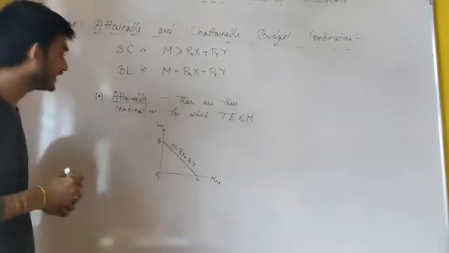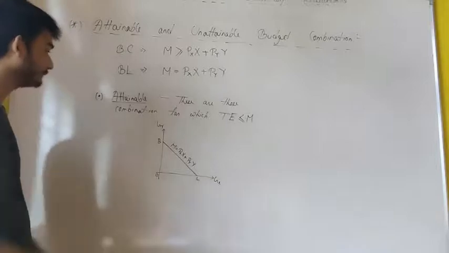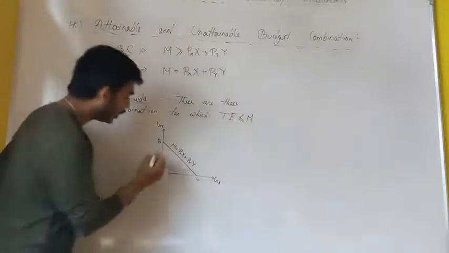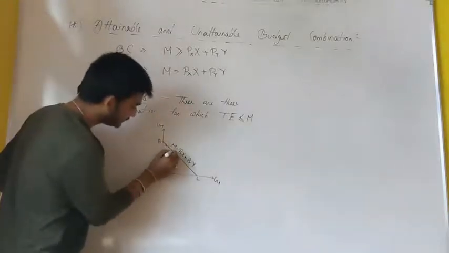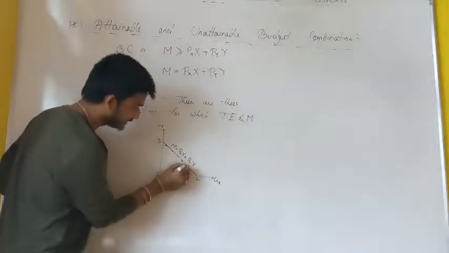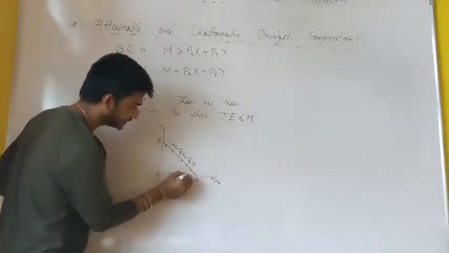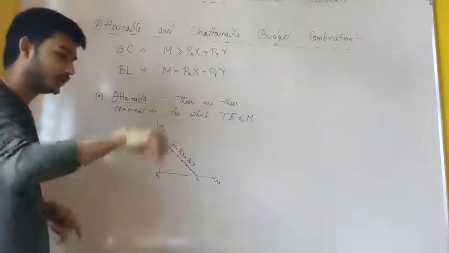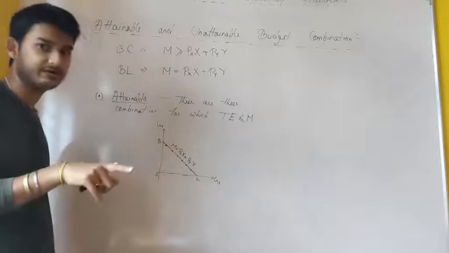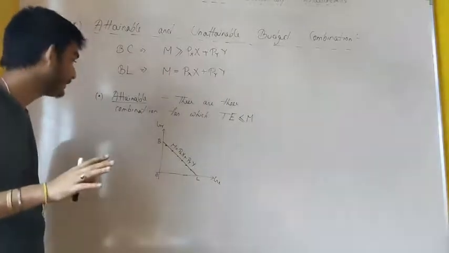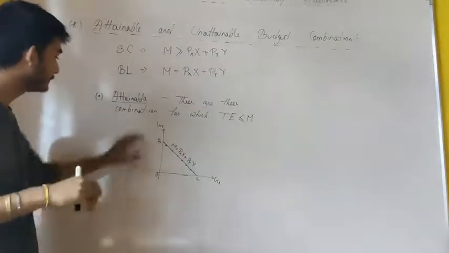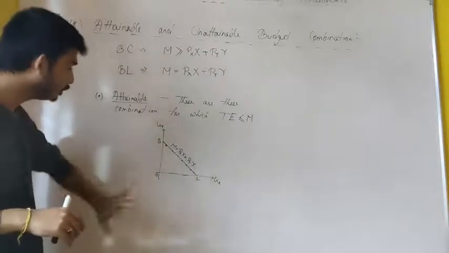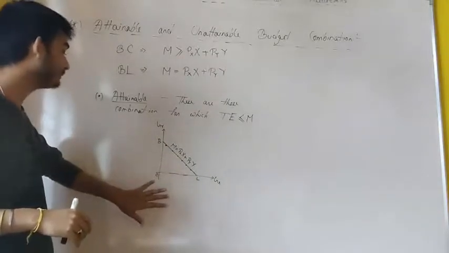So this budget line basically separates the two types of combinations. All the points on the budget line, there are an infinite number of points on the budget line. We know from basic mathematics that on a straight line or any curve, there are infinite points.